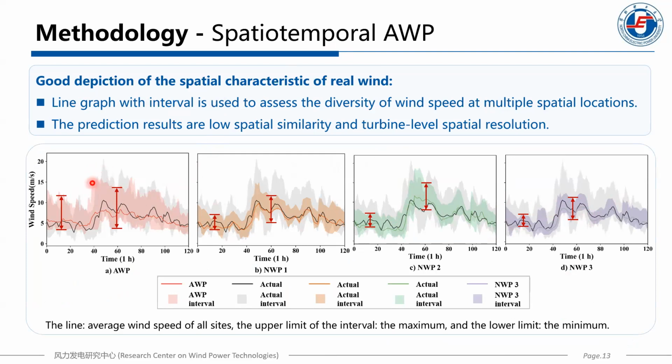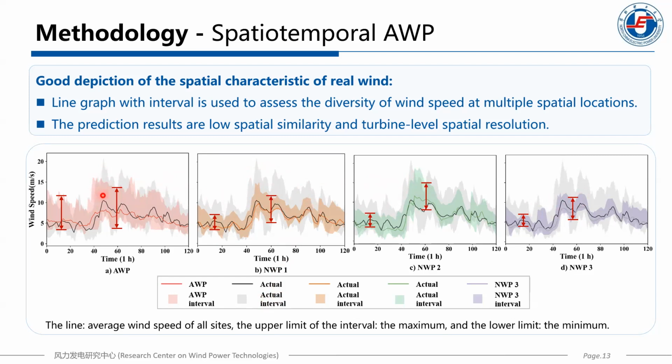This green interval, the shallow green color, means the real interval of fluctuation for these 20 sites, and the brown one, green one, purple one represent the interval shown by the NWP weather prediction results for these 20 sites.